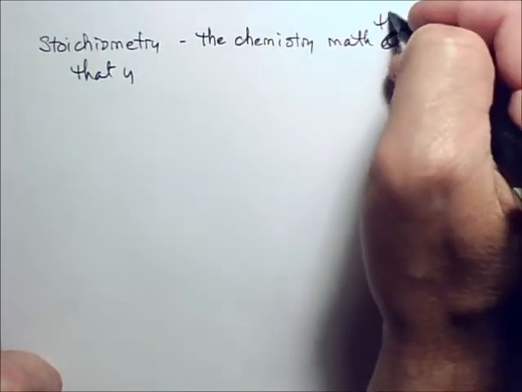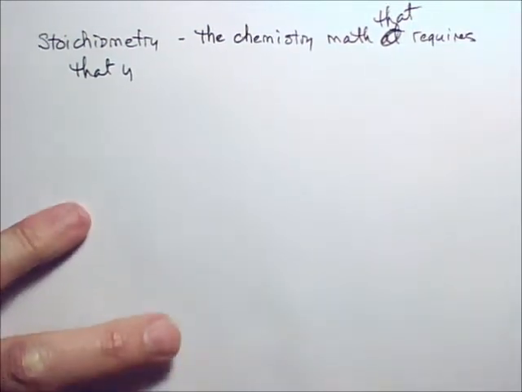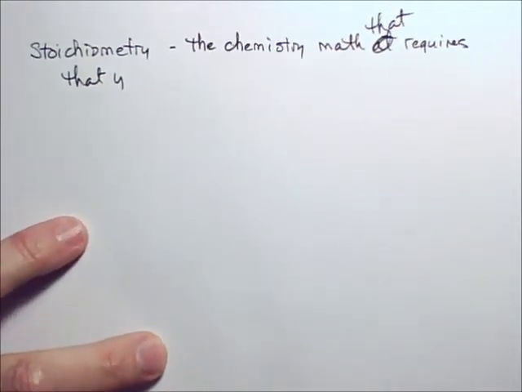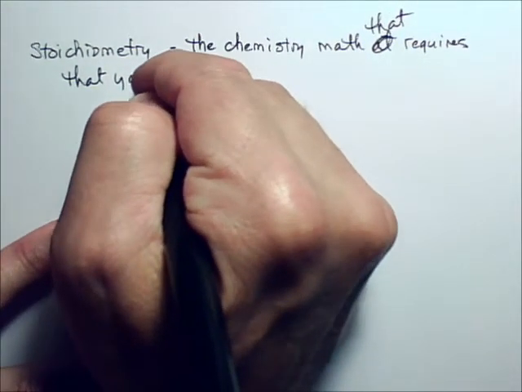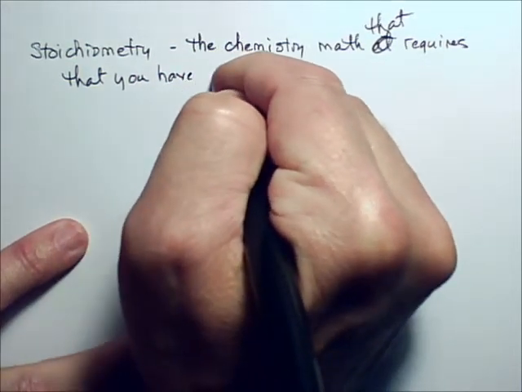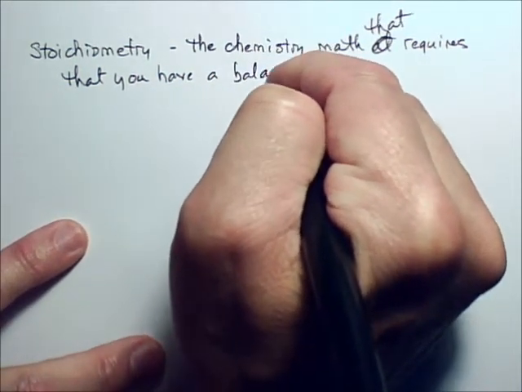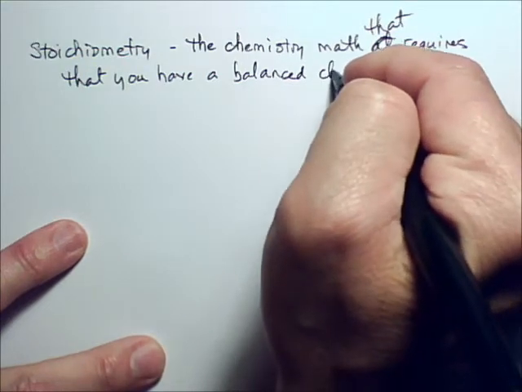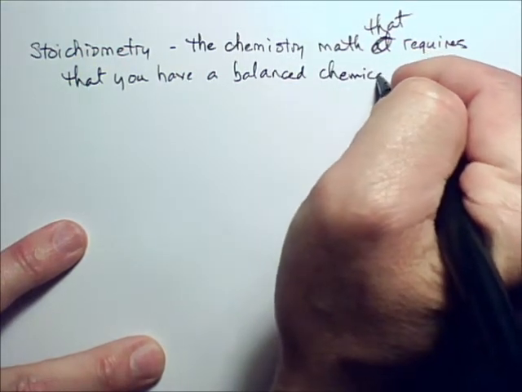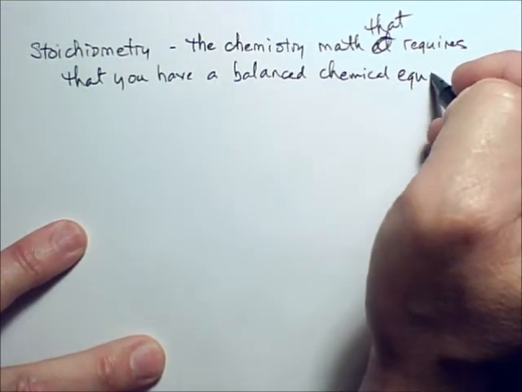Stoichiometry is chemistry math that requires that you have a balanced chemical equation.